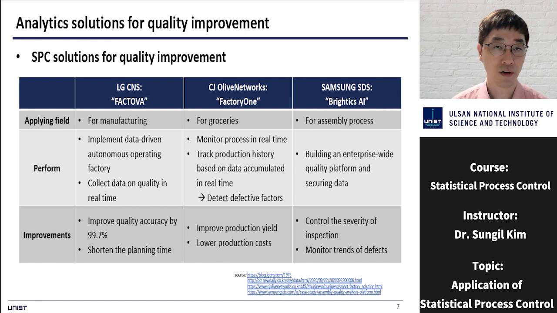CJ Olive Networks developed their own smart factory solution called Factory One. Factory One has been successfully implemented in various industries such as bio, beverage, food, and meat processing industries. Samsung SDS developed an AI-based analytics platform called Brightics AI.